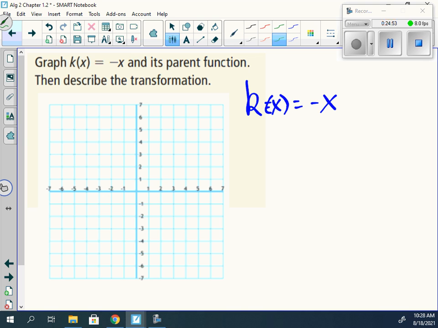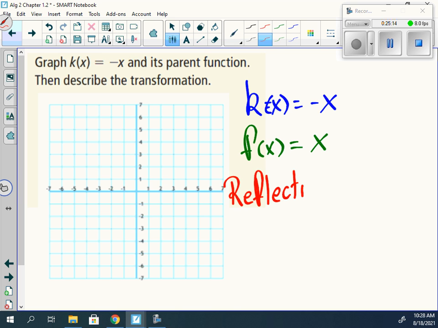So what's the parent function? Linear. Linear is just x by itself, no powers. So parent function is this. So what happened to it? Reflection across the x-axis.